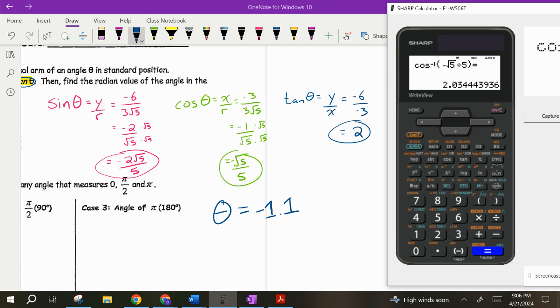Why did we not get the same thing? Let me try this again. Second cos bracket, let's do this as a fraction, negative root 5 over 5. Interesting.